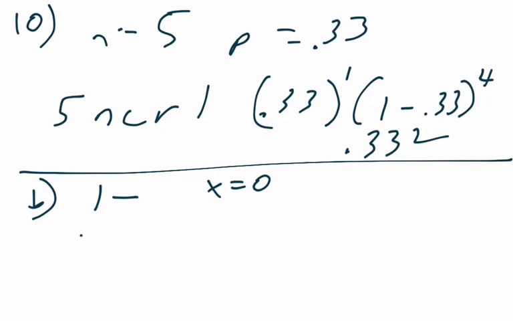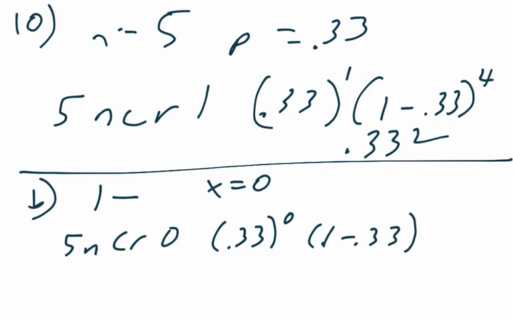So 5 nCr 0, 0.33 to the 0, 1 minus 0.33 to the 5th, and so we wind up with 1 minus 0.135. 1 minus 0.135 is 0.865.